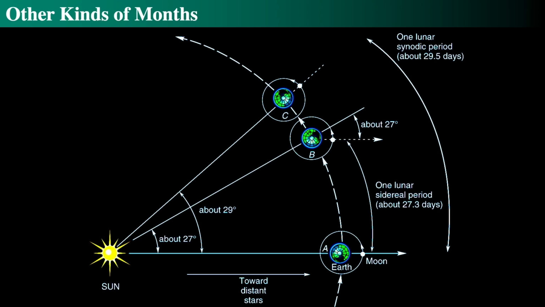But first, the tropical month is a minor variation of the sidereal month, so it's like the one that goes from A to B. But instead of using the fixed stars, it uses the March equinox. The March equinox is the defining celestial longitude of right ascension in the equatorial coordinate system. It is where the ecliptic and the celestial equator meet on the ascending node. That is the definition of the March equinox.